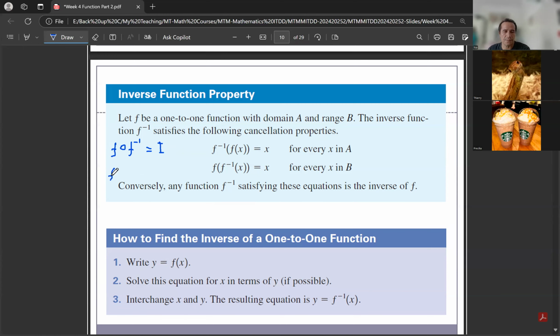We also have from the right, f inverse composed with f, and the result is also identity. So this is the property of inverse of function. Okay.